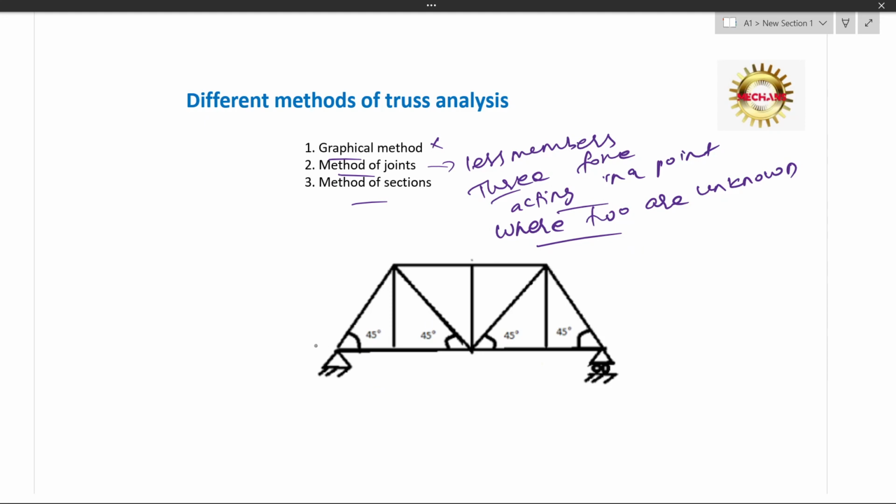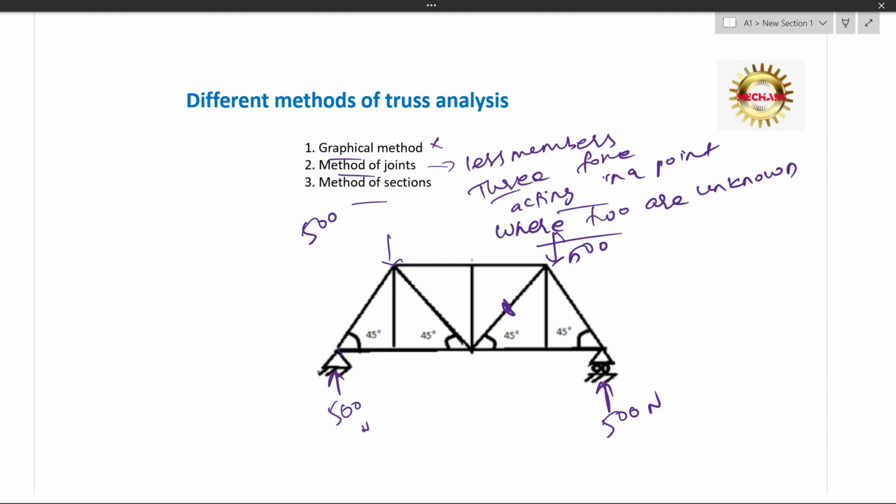If you see this figure, if you want to find this force, for example, say there is one force acting here. You should start from here, because, for example, say 500 Newton is acting here, and 500 Newton is acting here. So due to similarity, here would be 500 Newton, here would be 500 Newton.